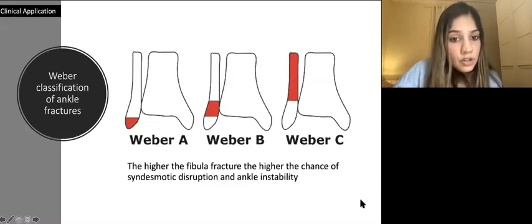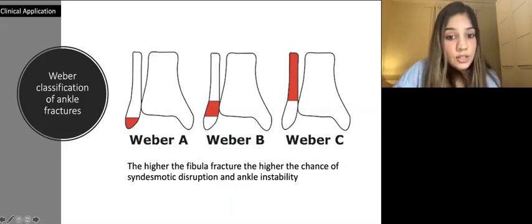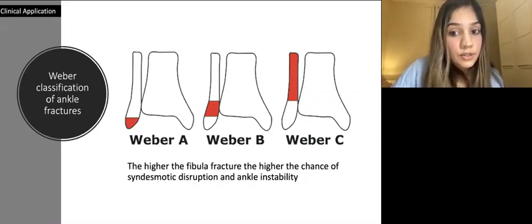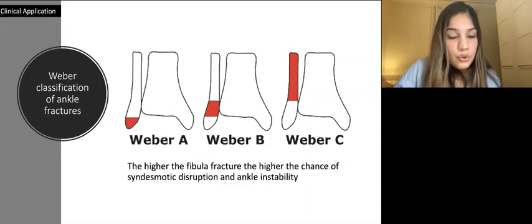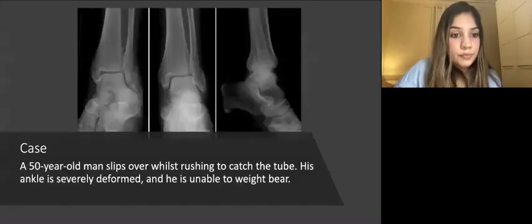So the higher the fracture, the higher the chance of syndesmotic disruption and ankle instability, and the higher the chance that it needs to be fixed in theater rather than conservatively. Because this is a bimalleolar fracture, it's unstable if it's not fixed in theater.